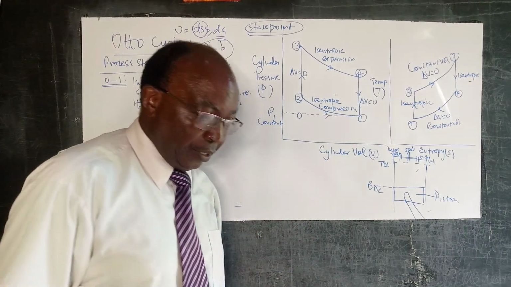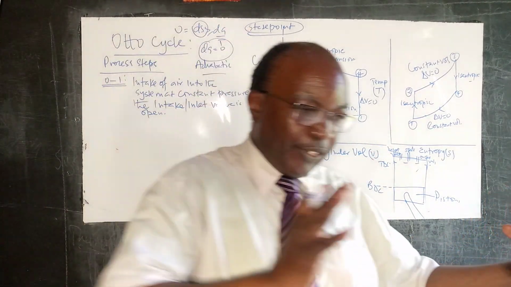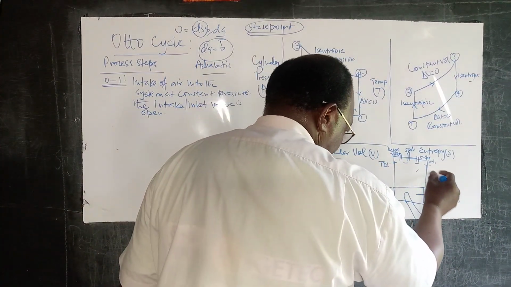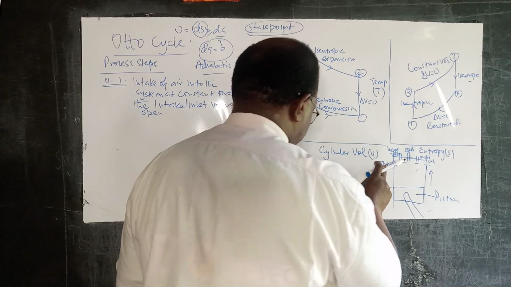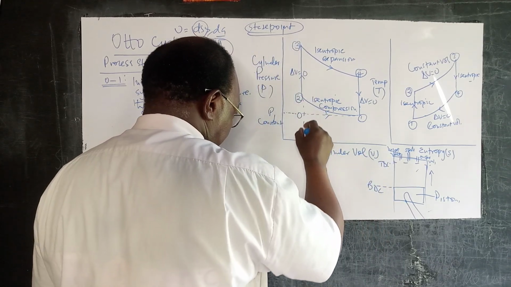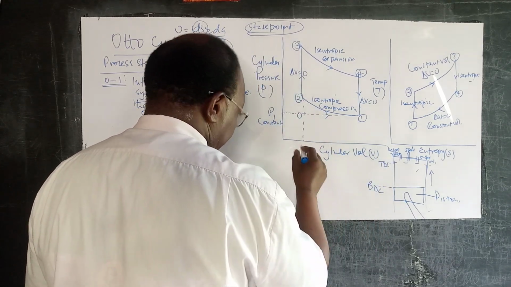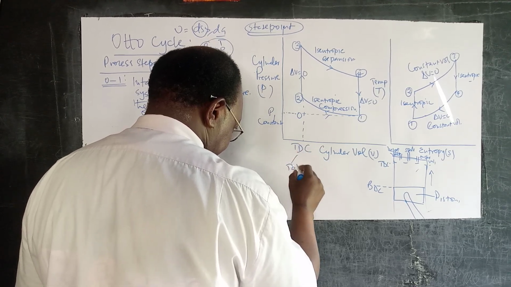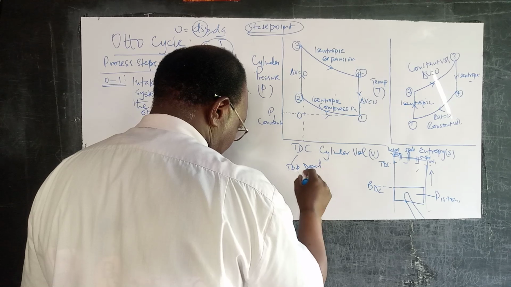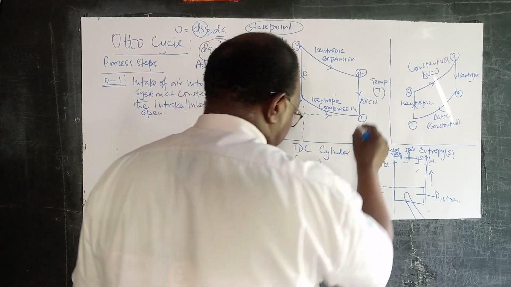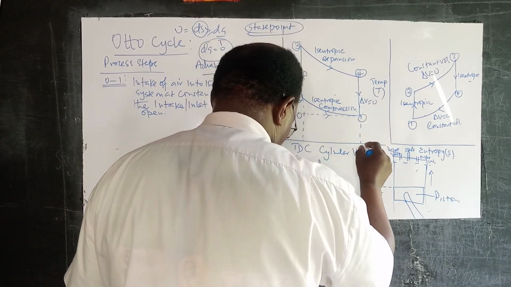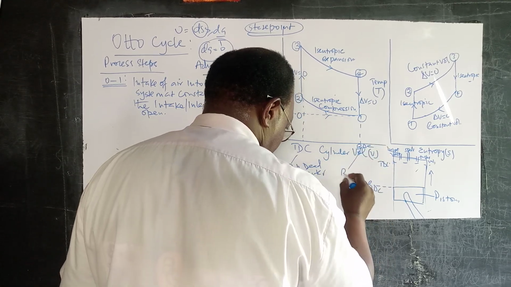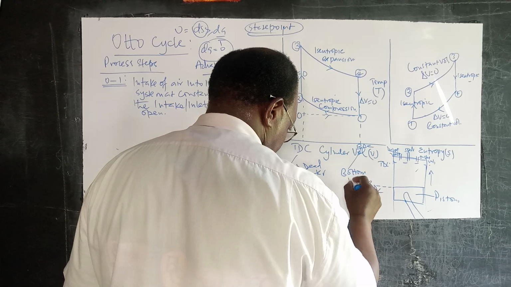isentropic compression. What is compression? Compression is reduction in volume. That is, for example, when the piston is moving up from BDC to TDC. So if we draw this system, this will be TDC, that's the top dead center, and this corresponds to BDC, that is the bottom dead center.